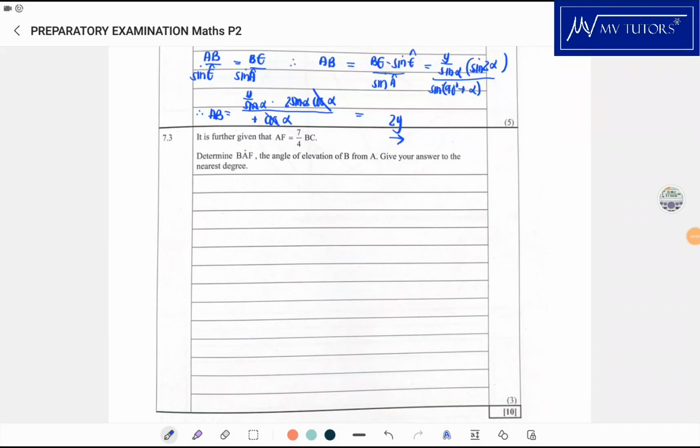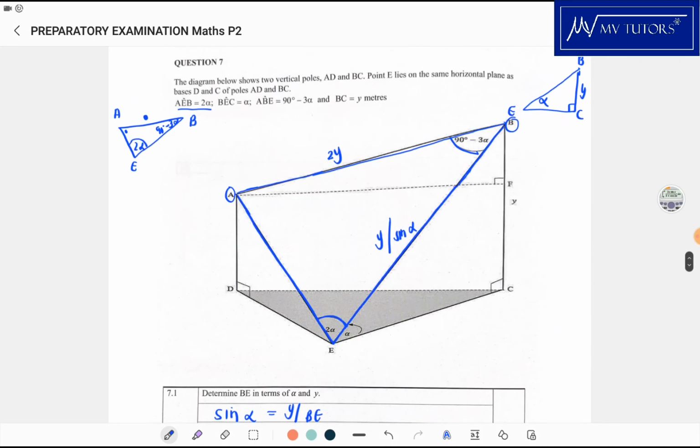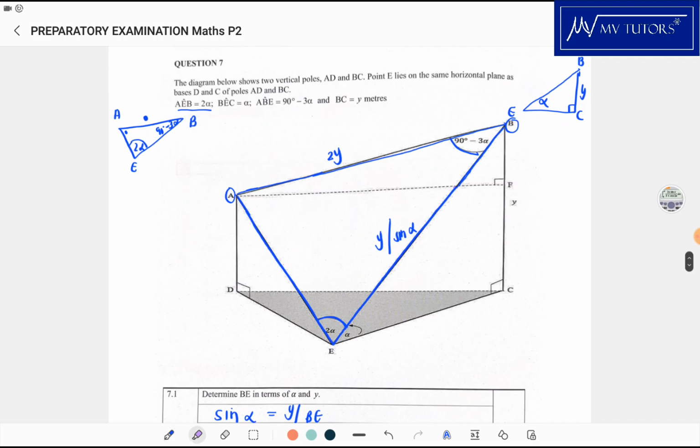It is further given that AF is 7 over 4 BC. Determine BAF, the angle of elevation of B from A. Give your answer to the nearest degree. Okay, so AF is 7 over 4 BC. That's AF over there.